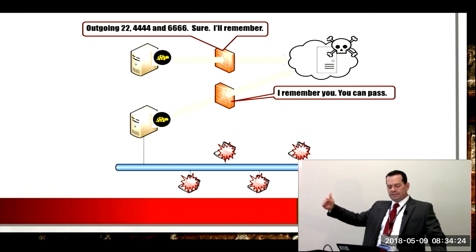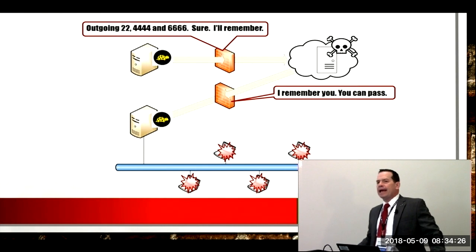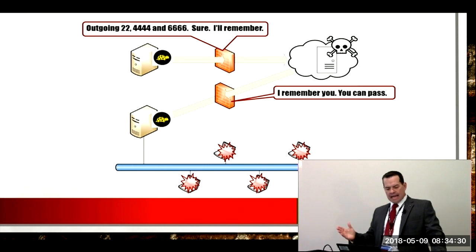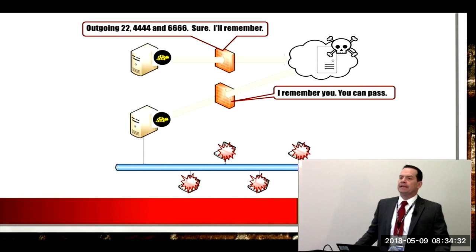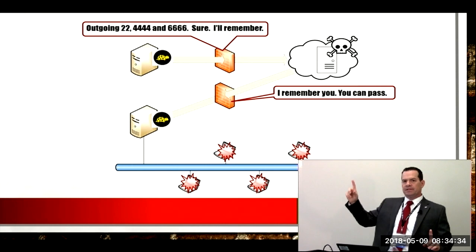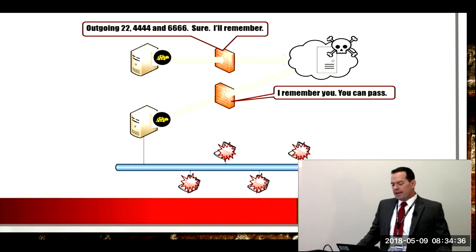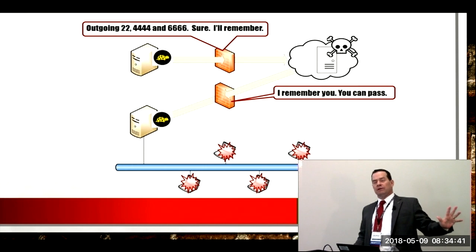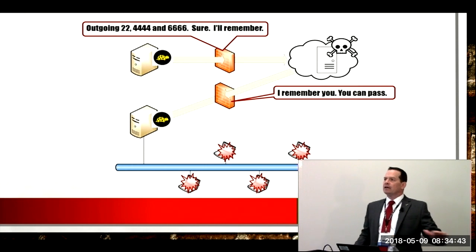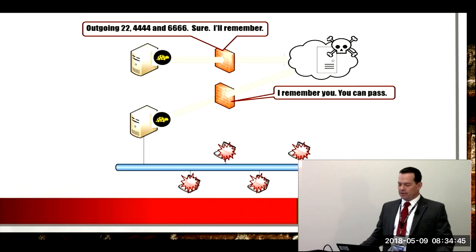Sure enough, the firewall saw the traffic coming back. It said, yep, I remember you, come on in. And I had a communication channel open inside of my network from the DigitalOcean Linux server. And then from there, I just started scanning laterally across the network.